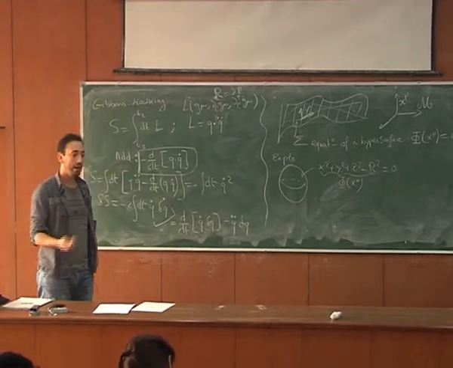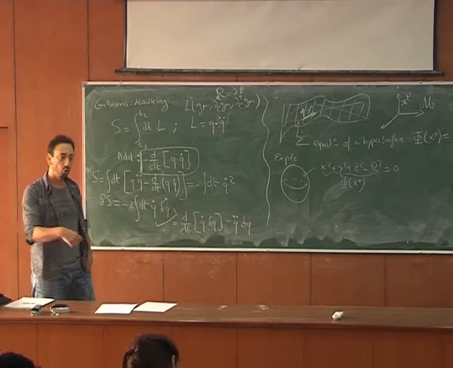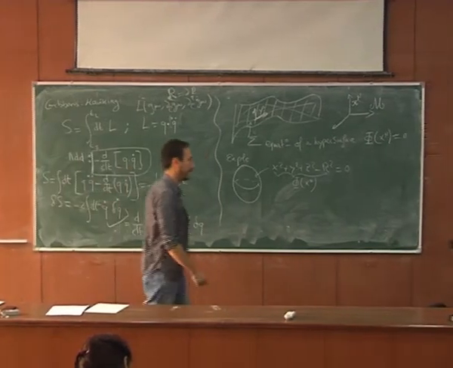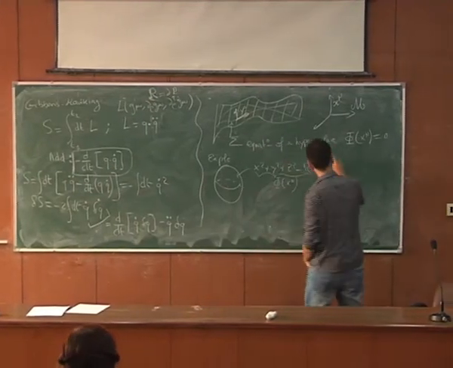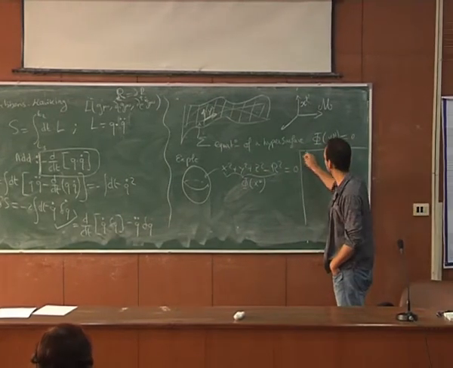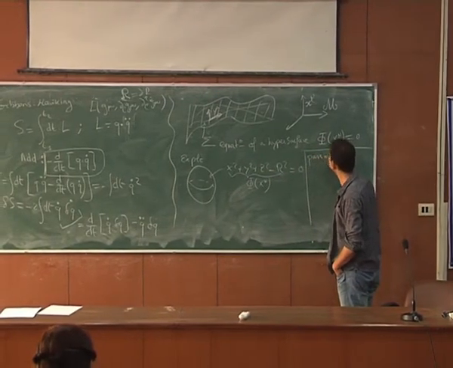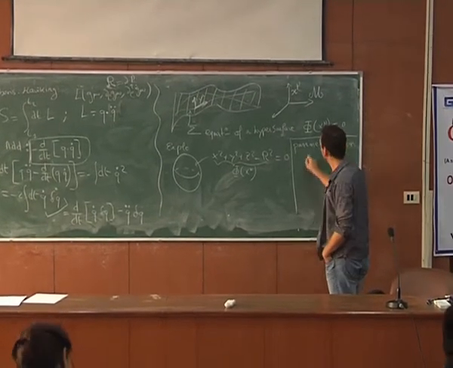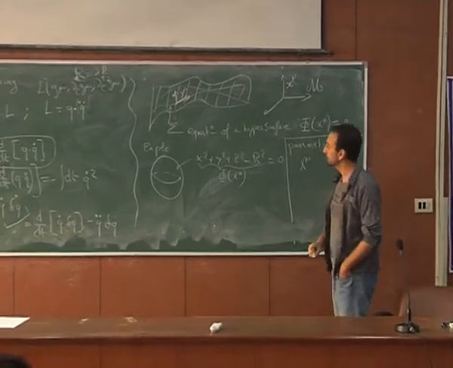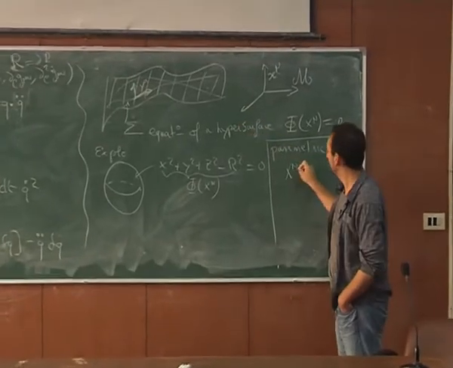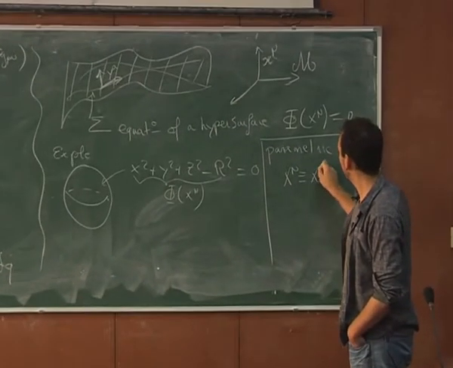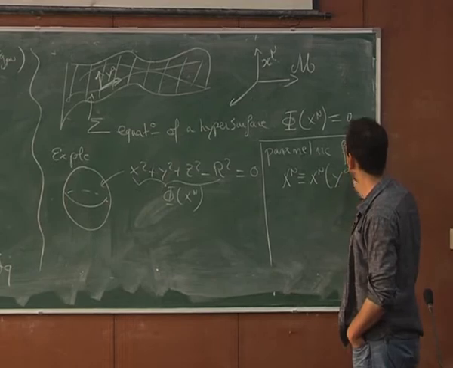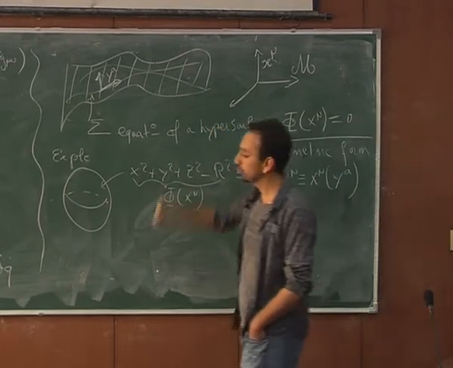The second way to define the equation of a hypersurface is in a parametric form. So you also have the parametric form, which says that the coordinates x mu are defined with respect to the coordinates of the hypersurface.